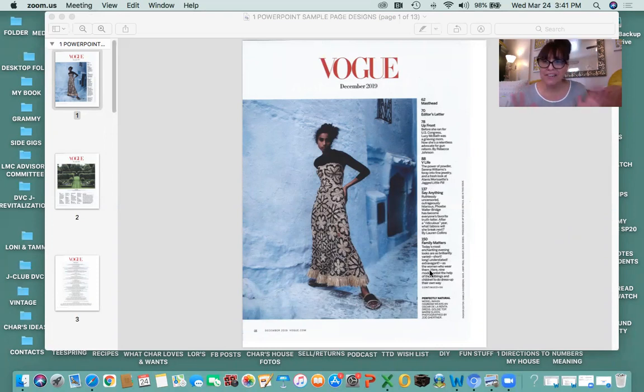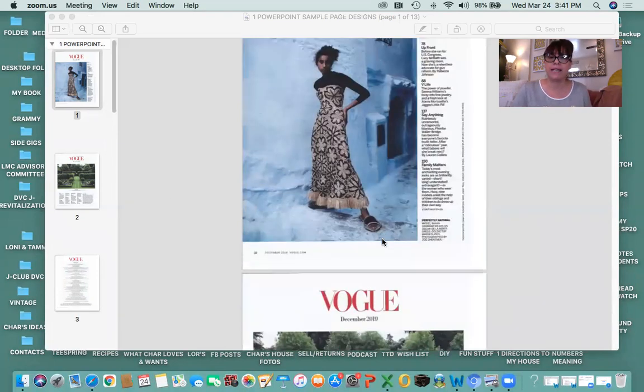We're not going to have 150 pages in our magazine, but these are the page numbers and then the title of the articles and probably a little sample of what that article is about. That's just one idea. You could actually do something like this with 3 or 4 photos. And this is probably a photo of an article that's in the magazine.